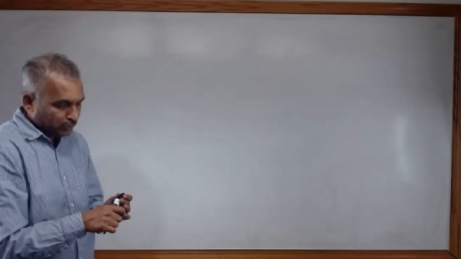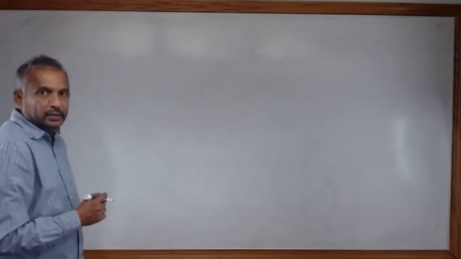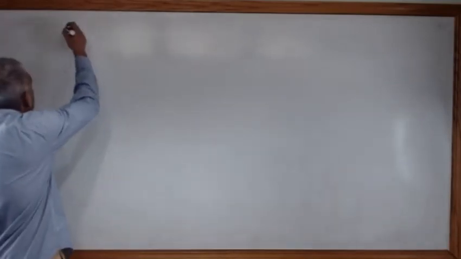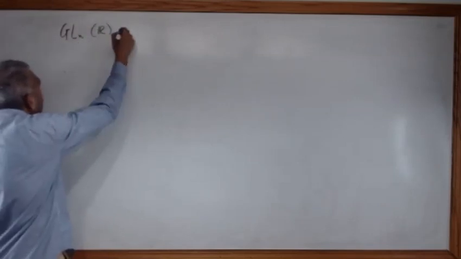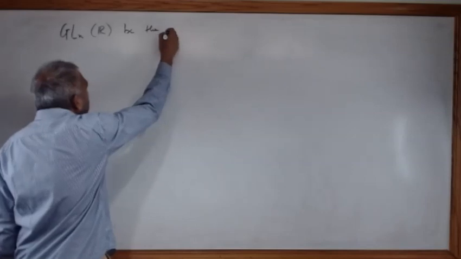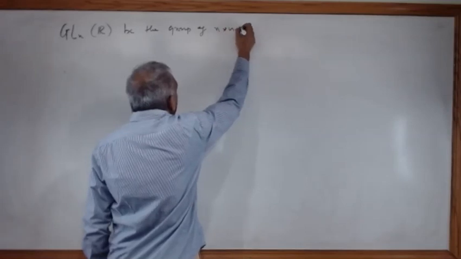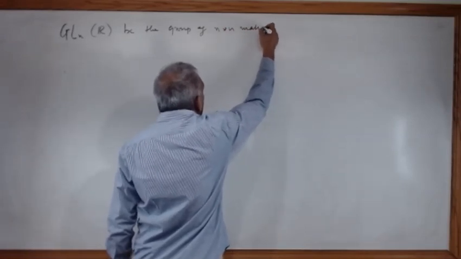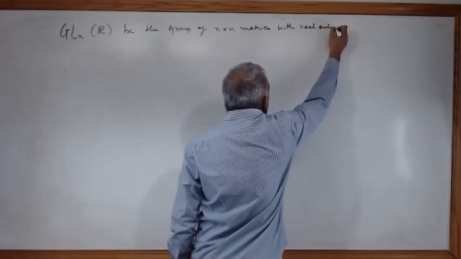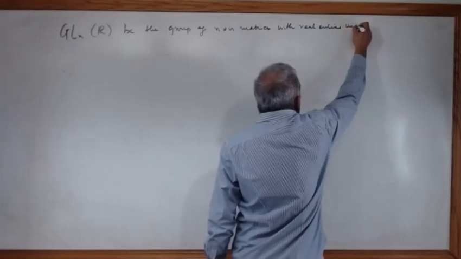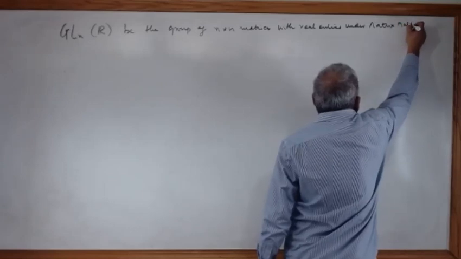We'll do an example using the group of n by n matrices with real entries. So GLn of R be the group of n by n matrices with real entries under matrix multiplication.